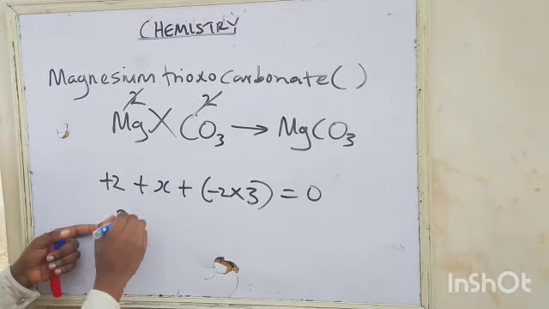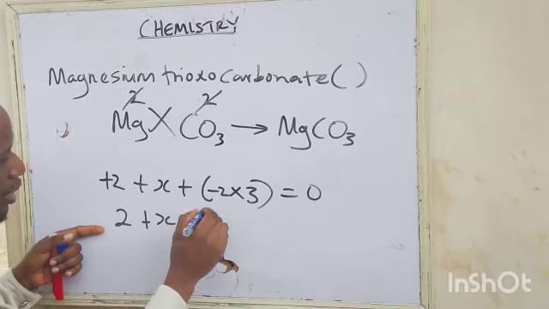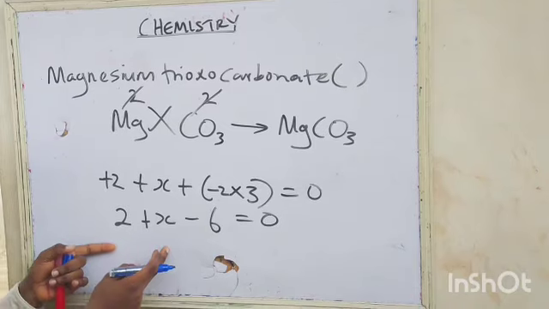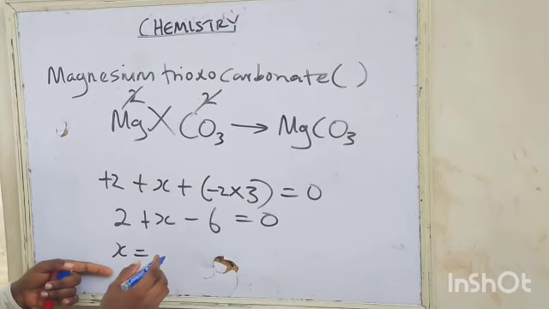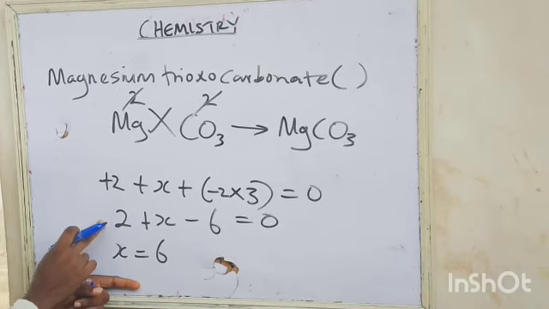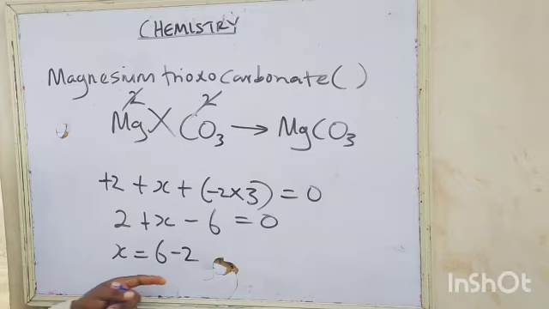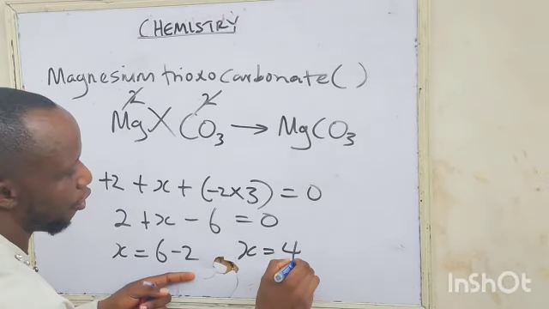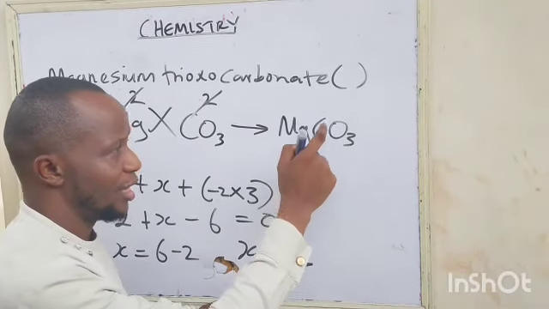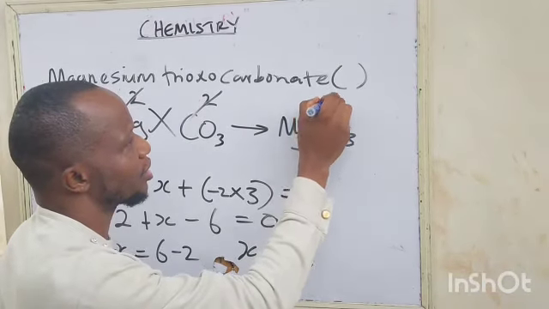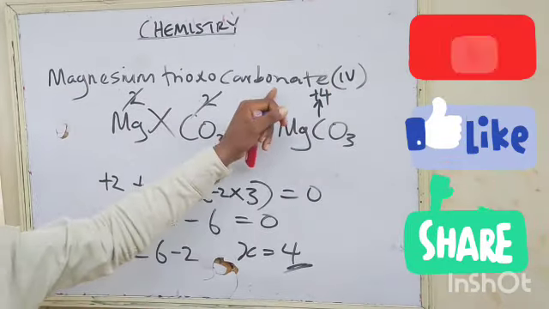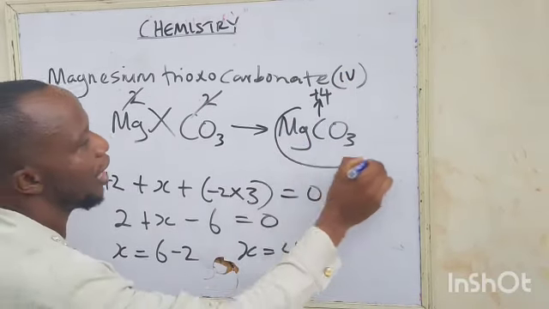So we break it down: 2 plus X minus 2 times 3, which is 6, equals 0. We collect like terms. X equals 6, being negative here, changes to a positive. 2 here has an invisible positive, so -2. So X equals 4. The oxidation number of carbon in this compound is +4. So we have magnesium trioxocarbonate(IV). This is the molecular formula.